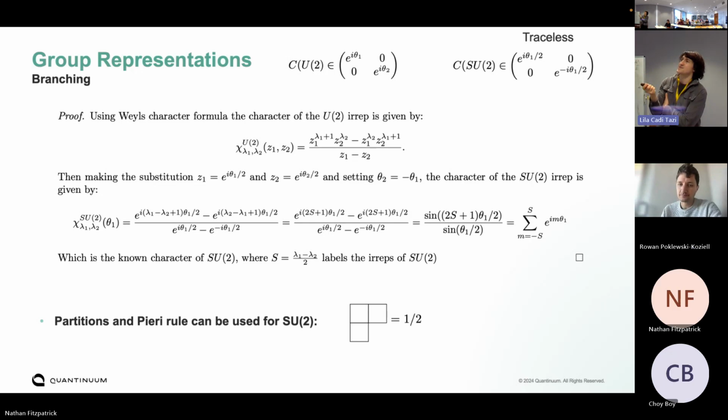It basically means you can take this equation and replace the lambdas with minus lambdas and the ones. And then basically you recover the characters of SU2 from U2. That's showing why you can do this branching rule.